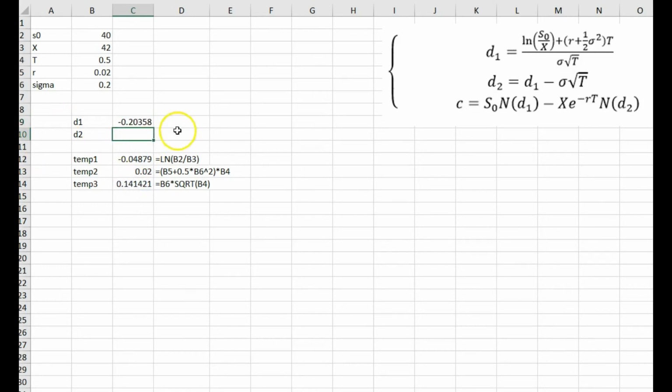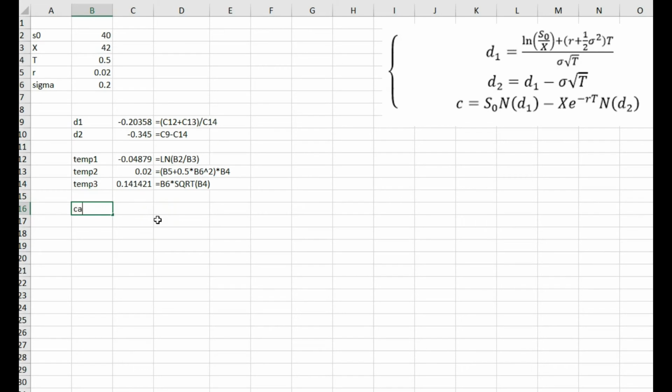Again, we can type show formula. So this is C12 plus C13 divided by C14. D2 equals D1 minus temp 3. Enter. We can also show this formula. Okay, show formula.